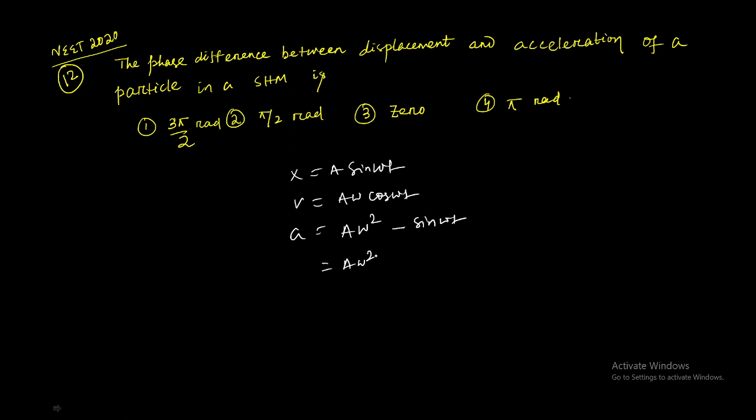This can be written as a omega square sine of pi plus omega t, right? Because you can take the minus sign inside as pi plus omega t. So if you compare, this has a phase of omega t, this has pi plus omega t. So the phase difference between them is how much? Pi is the phase difference between them. So option number 4 will be correct. This should be pi radian.